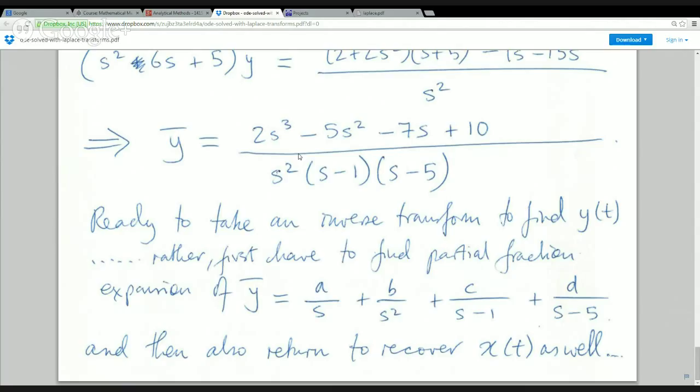But we still have the function x to find. Now we got a couple of choices here for finding x.